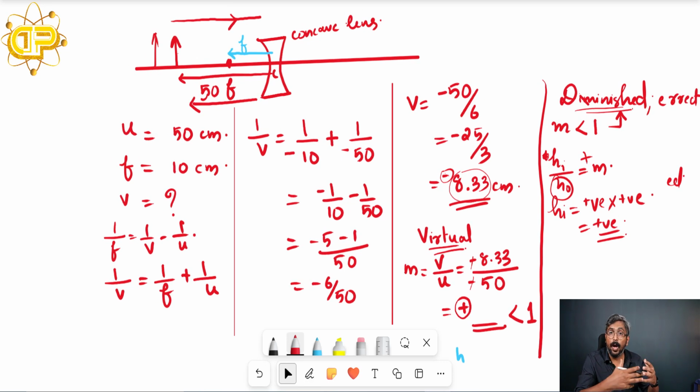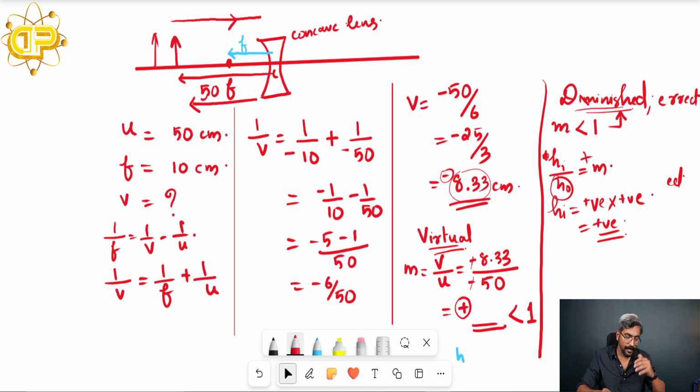So you are getting a lot of inference from this particular session, that is the lens formula as well as the sign conventions. This is why sign convention is so important that you should not miss out this particular section.